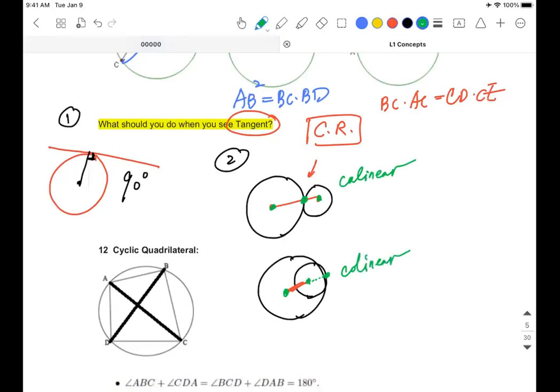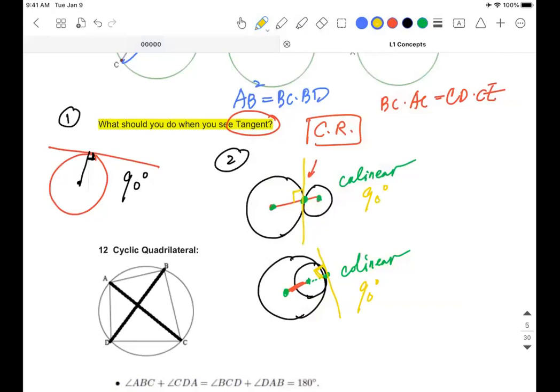Another very important thing is that if I want to make a common tangent line to these 2 circles, this is going to be 90 degrees. Is that right?